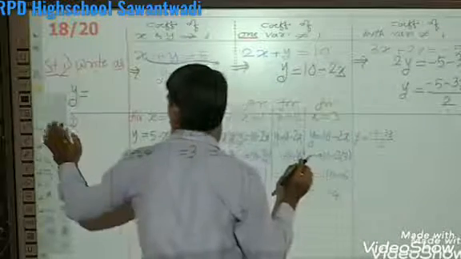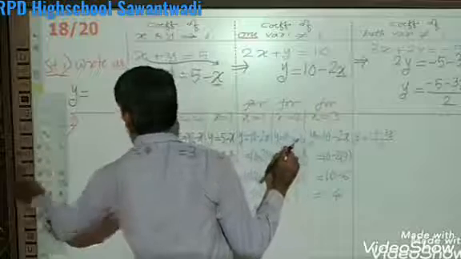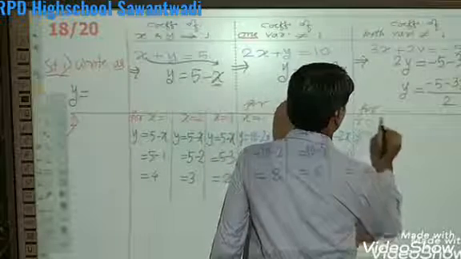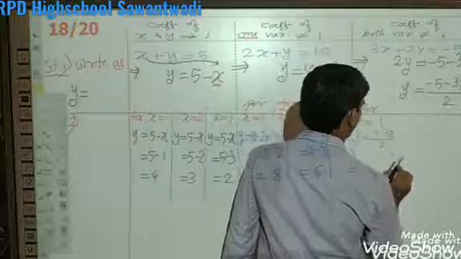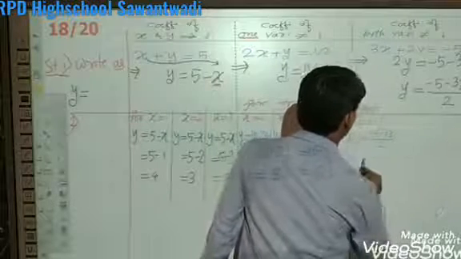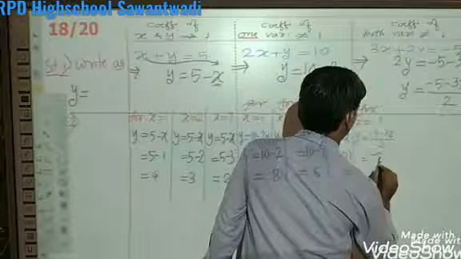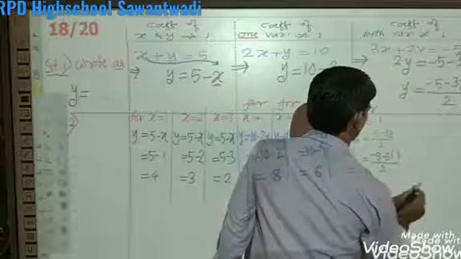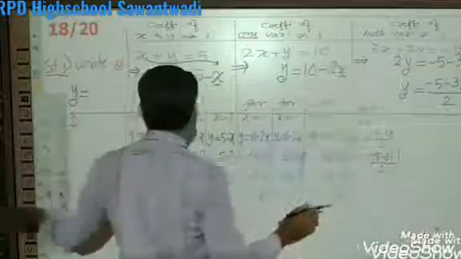But before that, I will complete it for x is equal to 1. Let us complete this work. So what will happen there? It will give you negative 5 minus 3 divided by 2. I will copy this. This will help me.